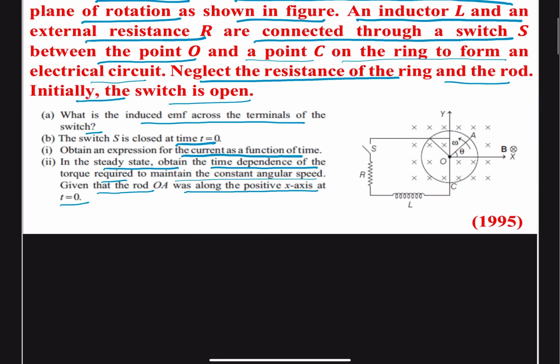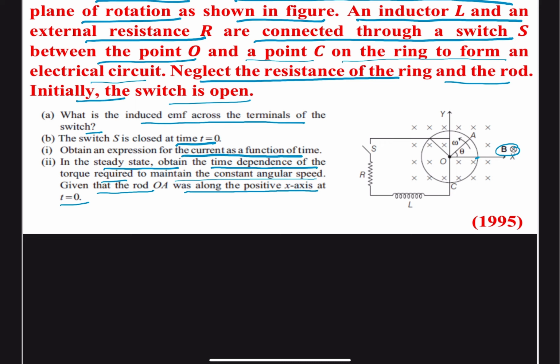So we have the given figure, and in this figure we have the magnetic field B, which is into the paper, and a rod OA which is along the x-axis initially at t equal to 0.